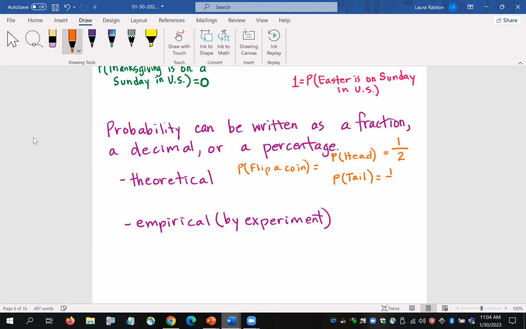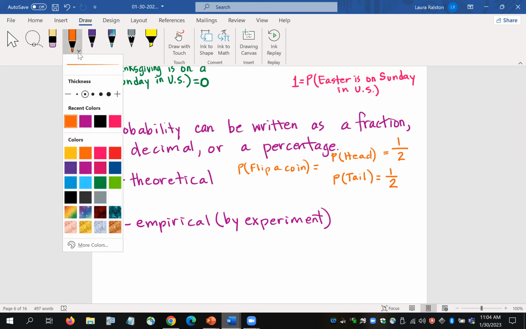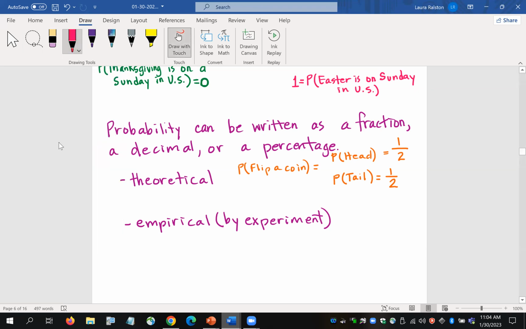So there's one way to get a tail, and there's a total of 2 things. So theoretically, probability connects back to the idea of relative frequency. It's the number of times that the event could occur, or how many ways the event can occur over the total.